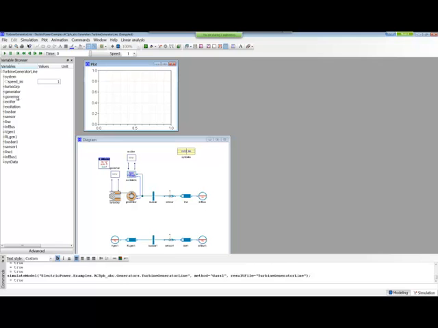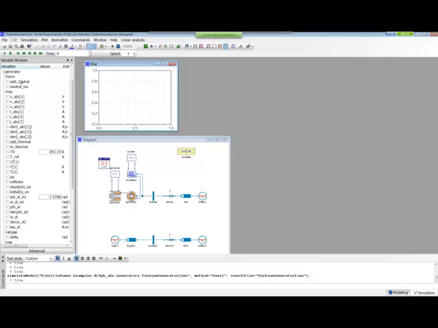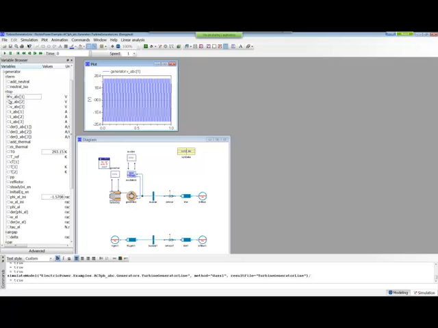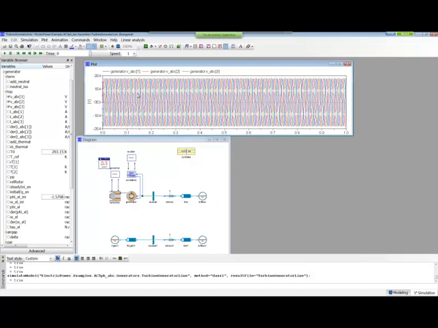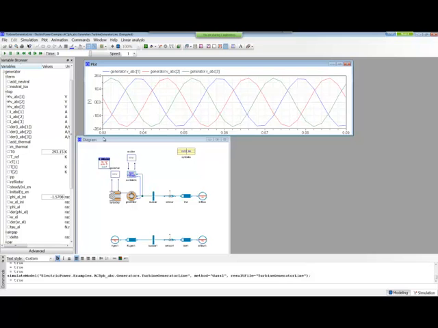I'm just showing any output actually. On the generator side, we have a number of variables and parameters we could plot, and we could, for example, plot the voltage for each of the phases. And of course it's a high frequency, so you could also go into detail and see how it looks.